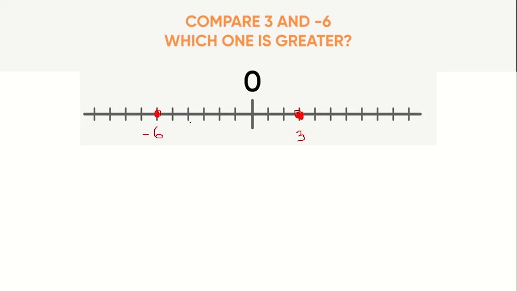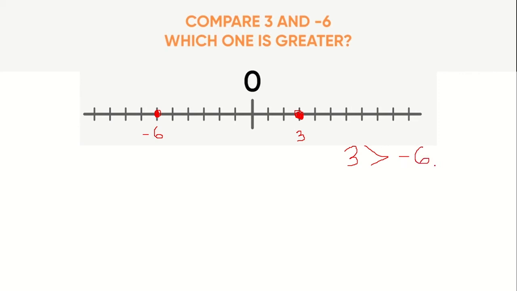I mean, negative 6. So, which one is greater? Of course, the number which is greater is the one on the right. So, our conclusion here would be 3 is greater than negative 6.